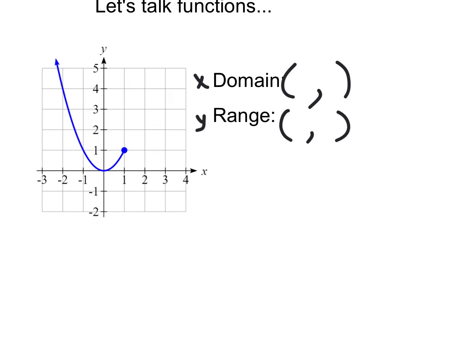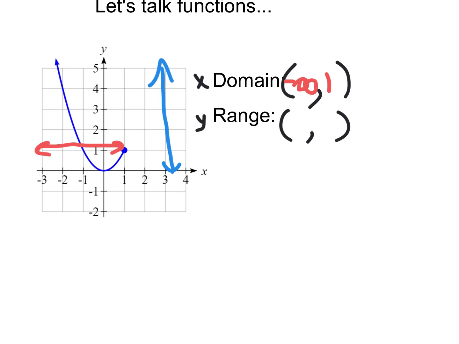Domain is from left to right. It goes way to the left. If you extended the graph out, it would go forever to the left. But the furthest to the right that it ever goes is 1. Process that. I know some of you probably had that wrong. Negative infinity to 1. The range is this way. How low does it go to how high does it go?